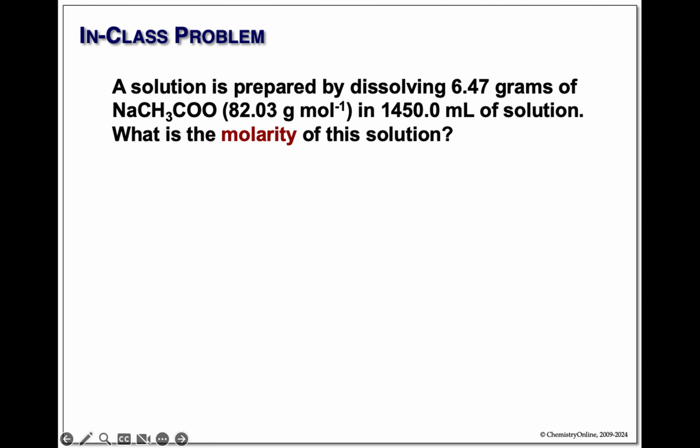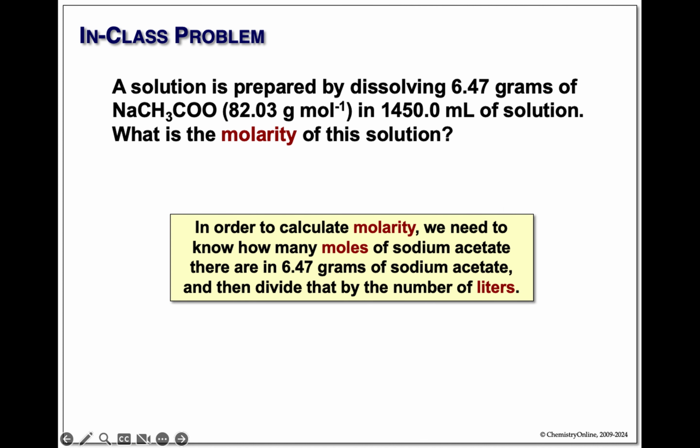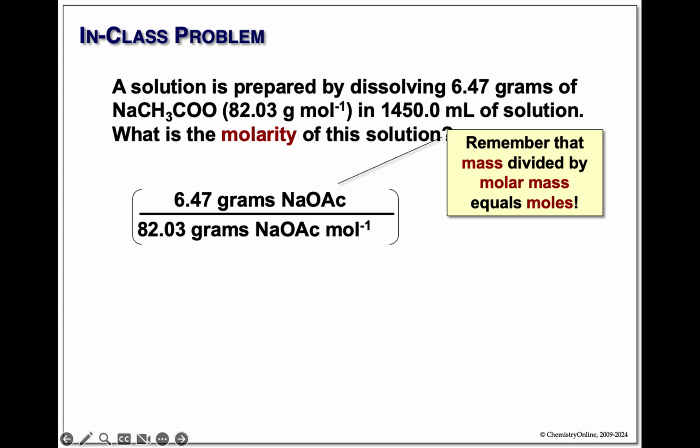We have 6.47 grams of sodium acetate. There's its molar mass, and we have 1,450 mL of solution. Again, moles of sodium acetate divided by liters. For moles of sodium acetate, we have a mass and we have a molar mass. That's moles.